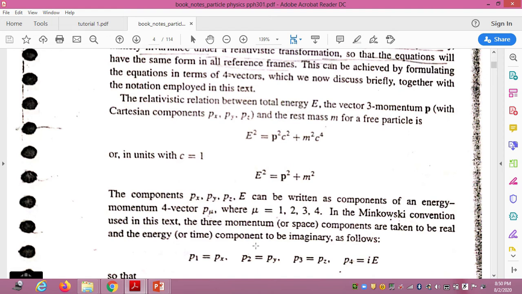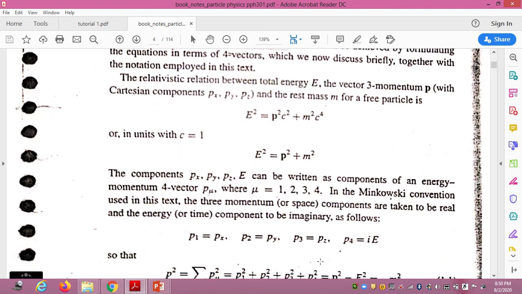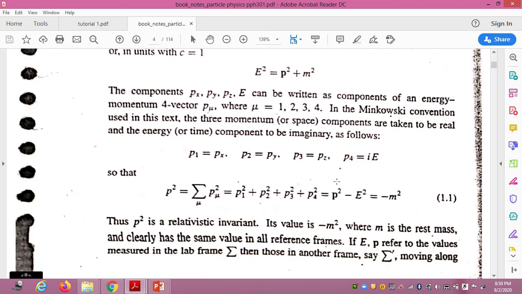Okay, so that means there can be different conventions in which you can define them in a different way, but the equations of motion which you are going to write will not change in any frame of reference. They are going to give you a similar result once you are talking about a particular parameter associated with that frame of reference.